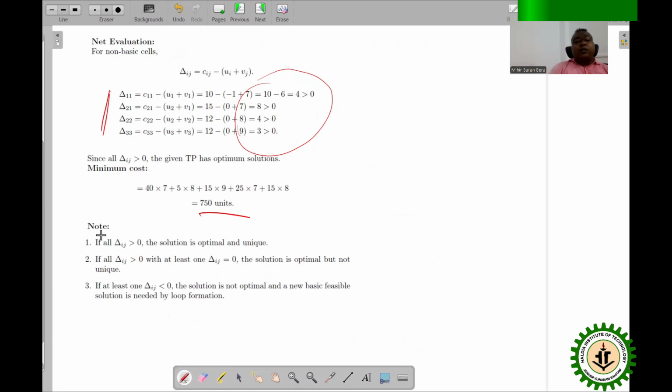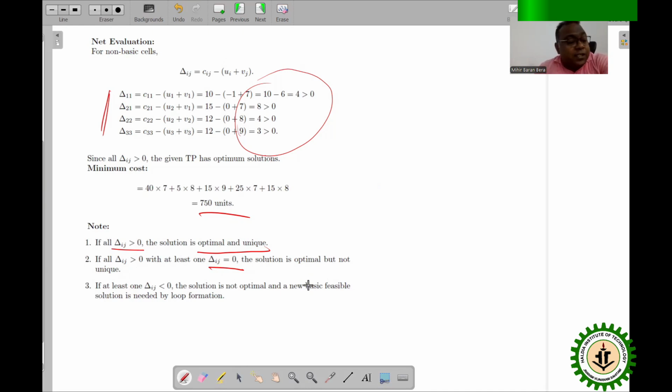Here the observation we have to be clear about: if all delta ij are greater than 0, the solution is optimum and unique. Be careful. If all delta ij are greater than or equal to 0 with at least one delta ij equal to 0, then the solution is optimum, but not unique.